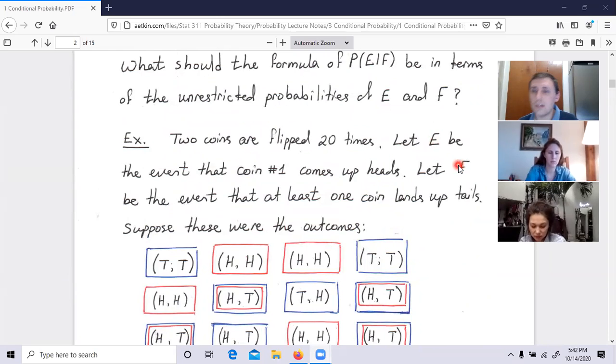Suppose it was observed that one of the outcomes was a tail. F means that one coin is a tail. What's the probability that the first coin is heads?